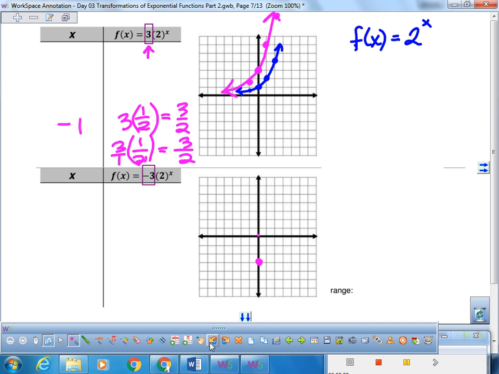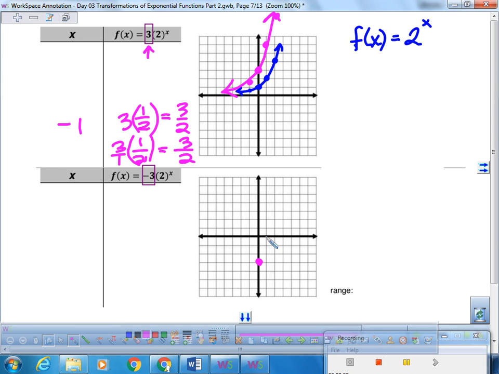No, the best way I can explain it without using a table, which we will get to, is that I'm still going to the right one because I'm talking about a growth function. Does that make sense? So normally I would go right 1 up 2, but I'm going to go 3 times that, so I'm going to go 6.